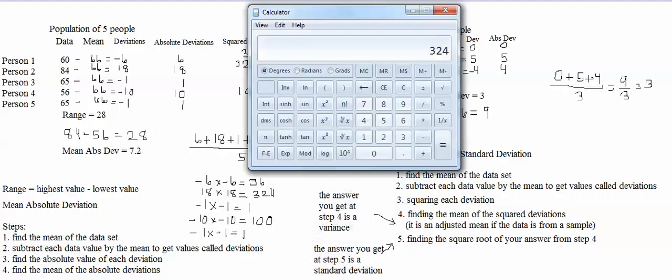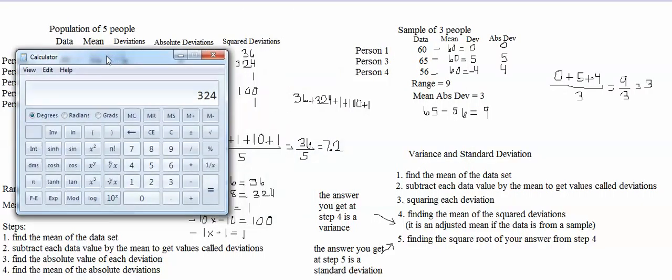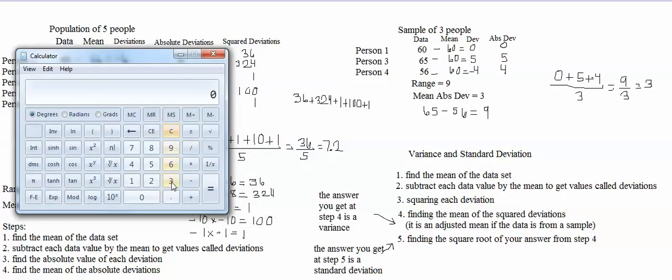Let's add the 5 numbers and then divide. We're going to add the squared deviations and then divide the total by 5, since we have 5 squared deviations in here.